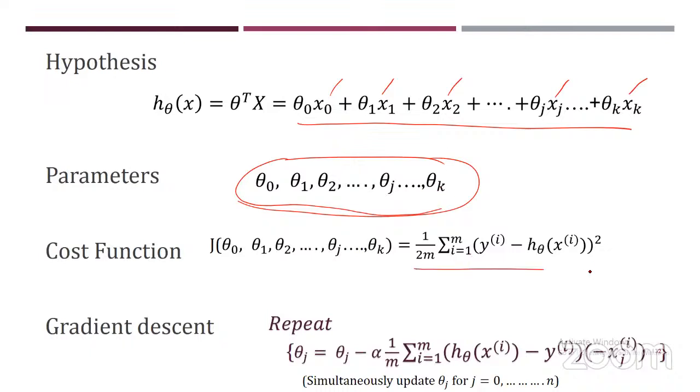Cost function is going to be the same. The only difference is that in your previous case, the cost function was driven with your theta naught and theta 1. Now here in this case, the cost function is going to be driven with respect to your theta naught till theta k. This k part is representing the number of parameters which you are having.